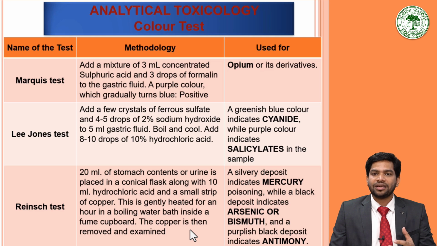The copper is then removed and examined for the deposition of any material. A silvery deposit indicates the mercury compound, while a black deposit indicates the arsenic or bismuth, and the purplish black deposit indicates the antimony compound.